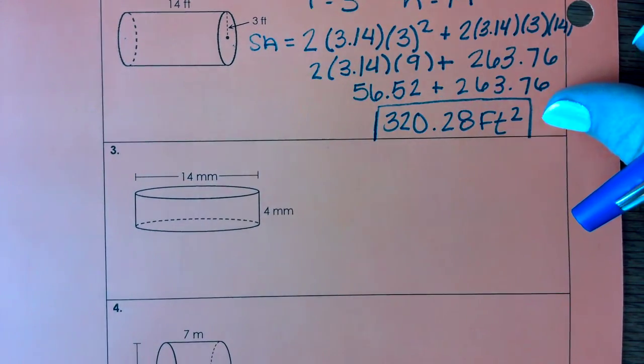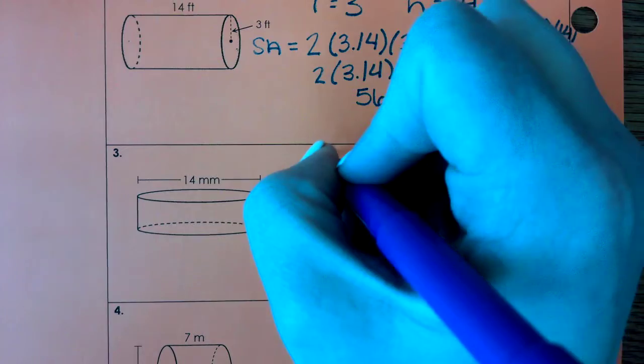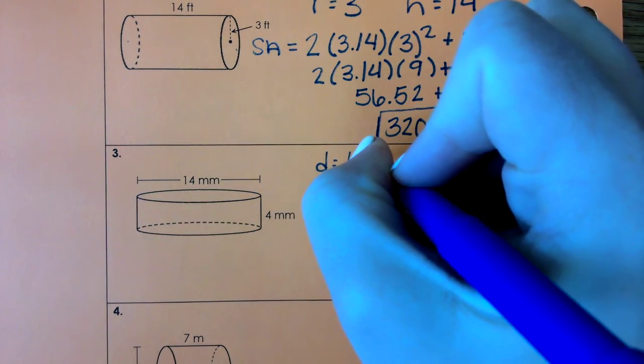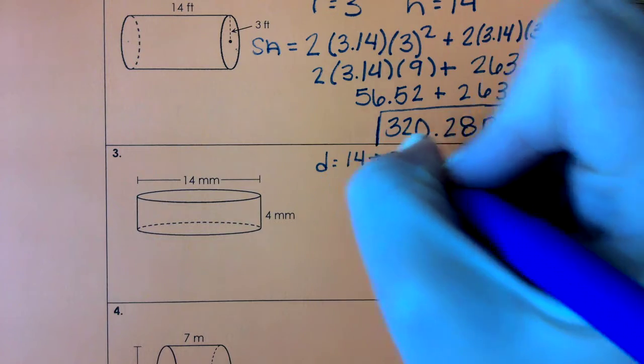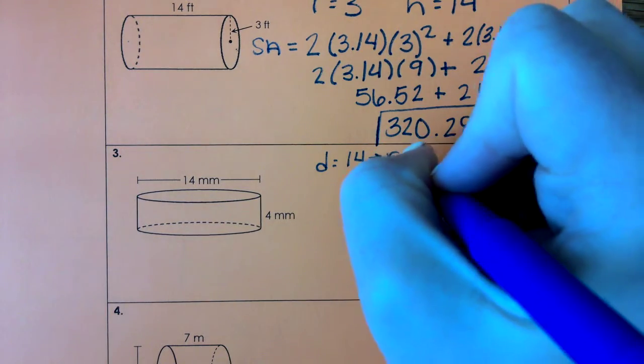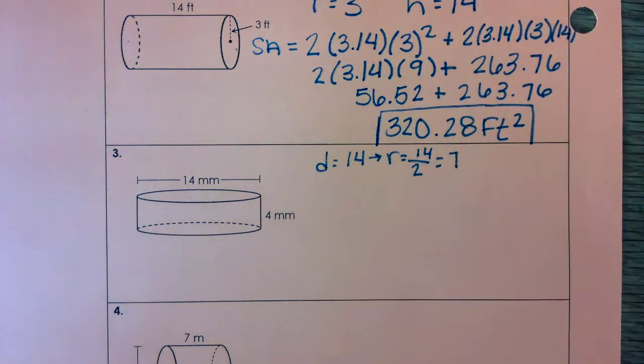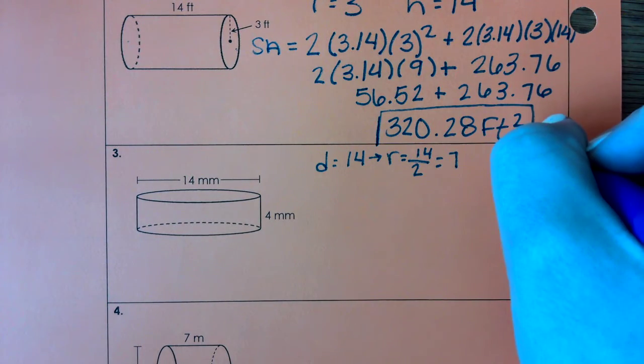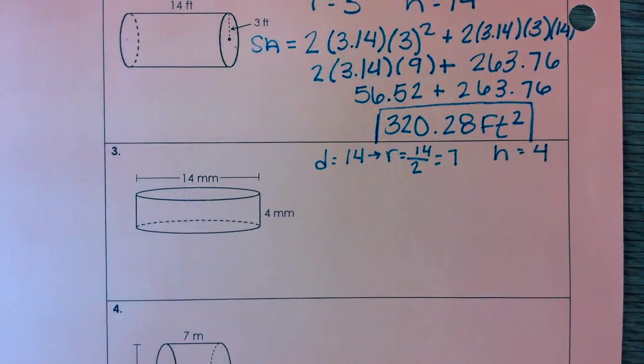What do I notice about number 3? You have to divide 14 by 2. The 14 is my diameter, so to get my radius I take 14 divided by 2, which gives me 7. My height is 4.